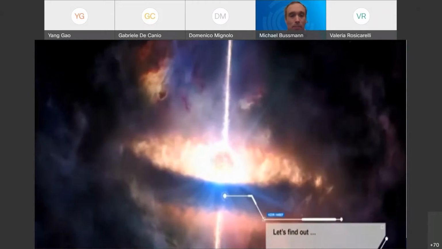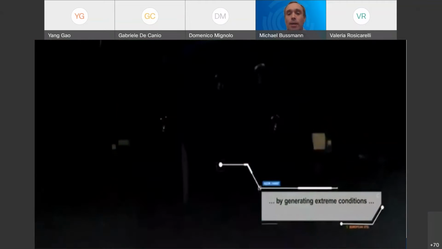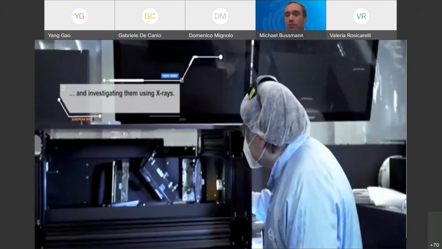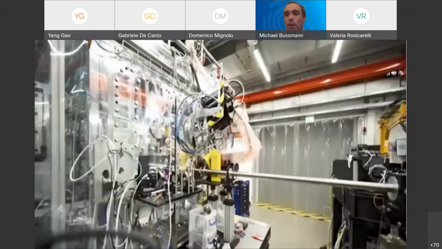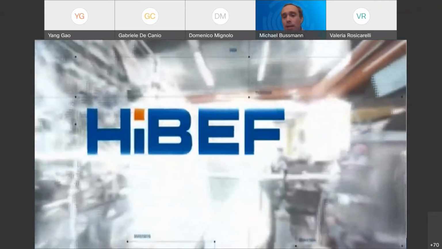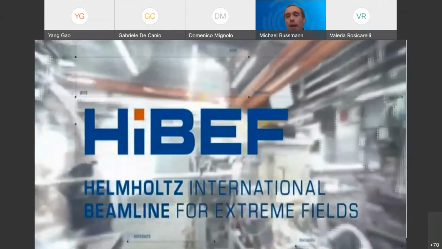This brings a high power laser, and with high power, I really mean almost petawatts of power, and an X-ray free electron laser together at one place. The X-ray free electron laser can be used to probe the matter at atomic scale, so really get almost atomic resolution of the processes that are happening here.